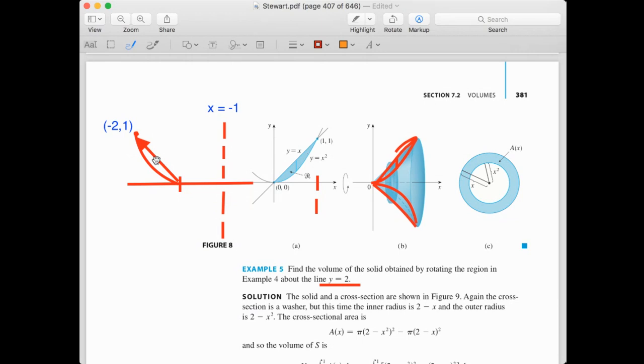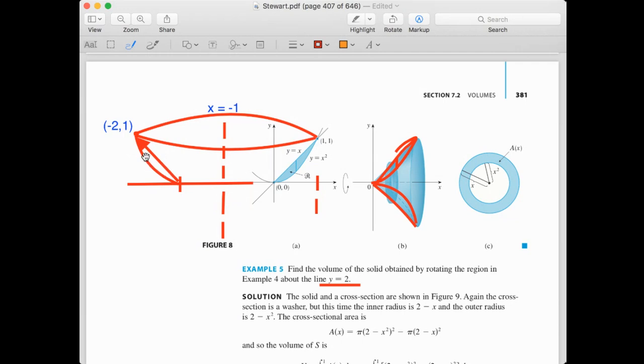So when we rotate, we get a 3D object, right? We cut horizontally. The intersections are perfect circles. I'm going to draw only one of them. Think about this. This will be the 3D object.